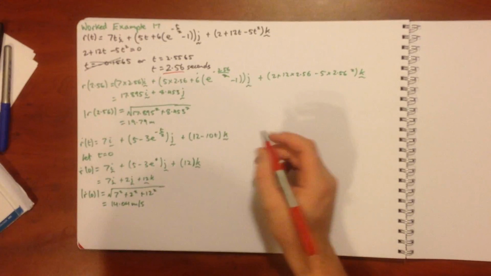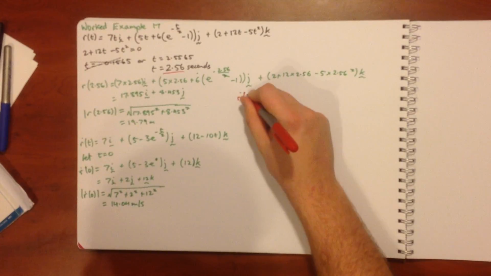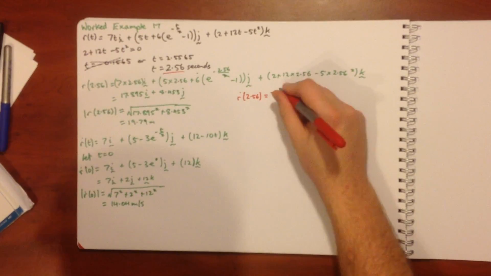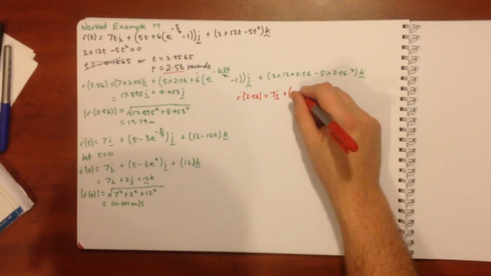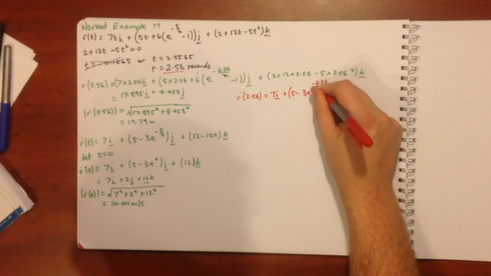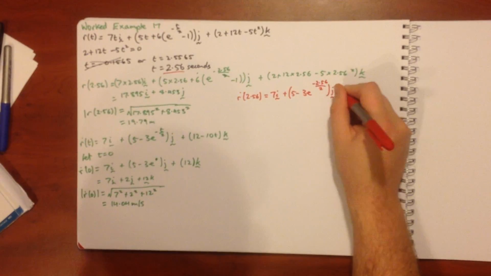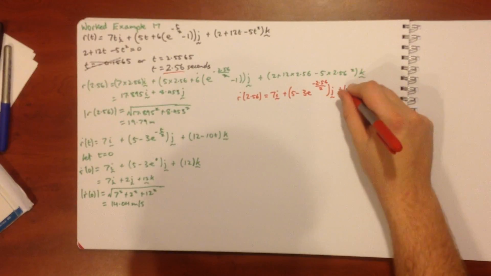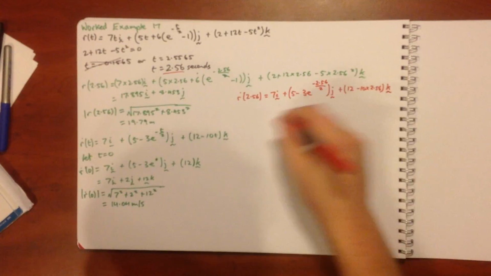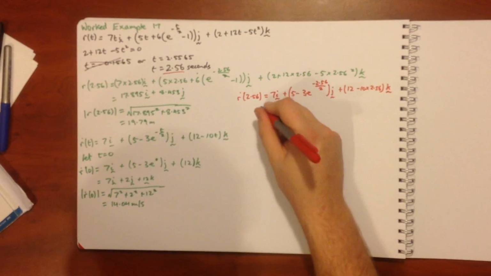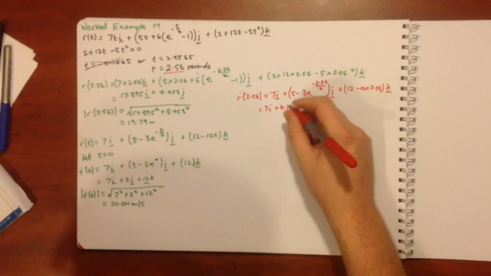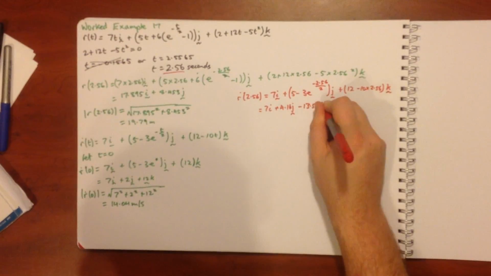So when we sub in our r dot of 2.56, we get our 7i, plus our 5 minus 3e to the negative 2.56 on 2 j, plus 12 take 10 times 2.56 k direction, which gives us a vector of 7i plus 4.16 j minus 13.56 k.